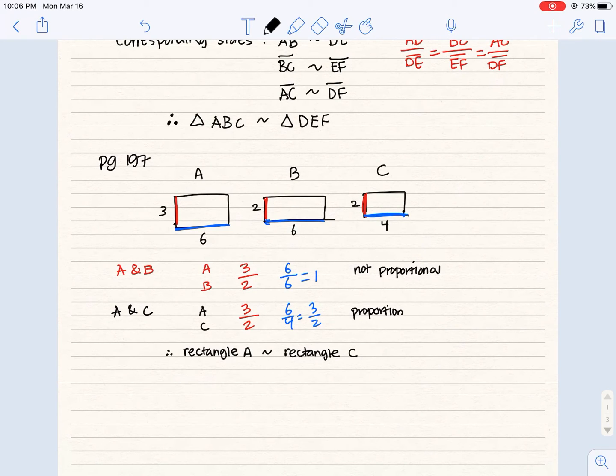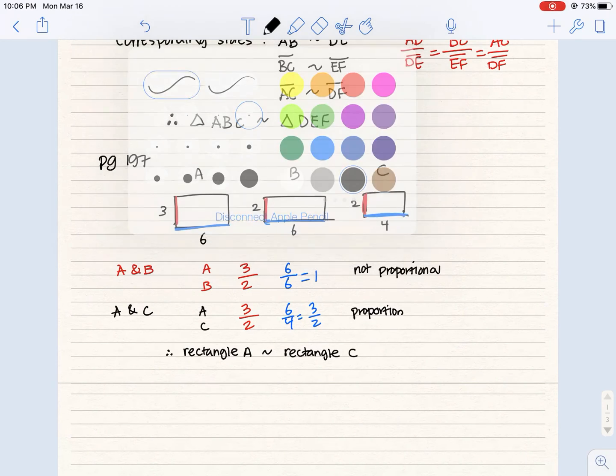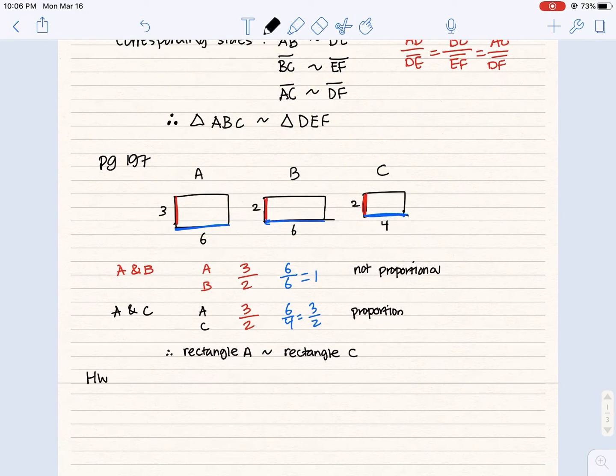Your homework actually is going to be from your textbook, from page 198 to 199, 10 through 20.